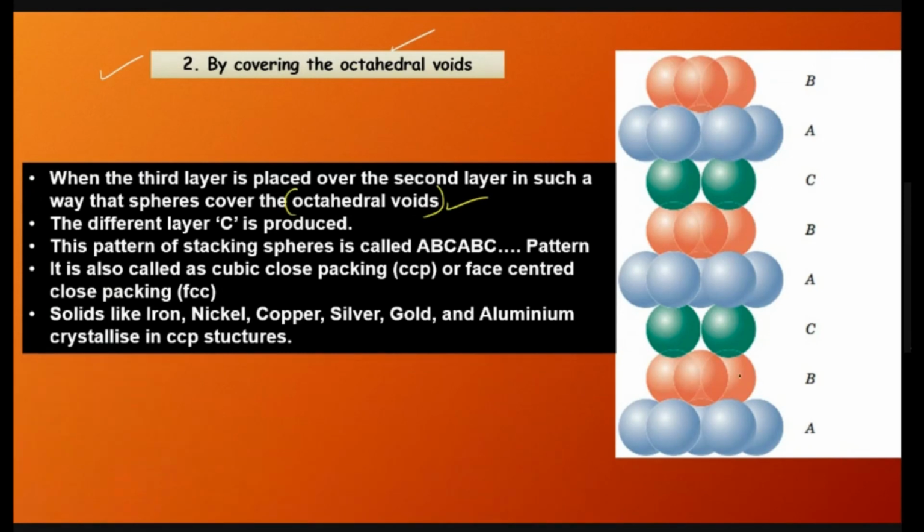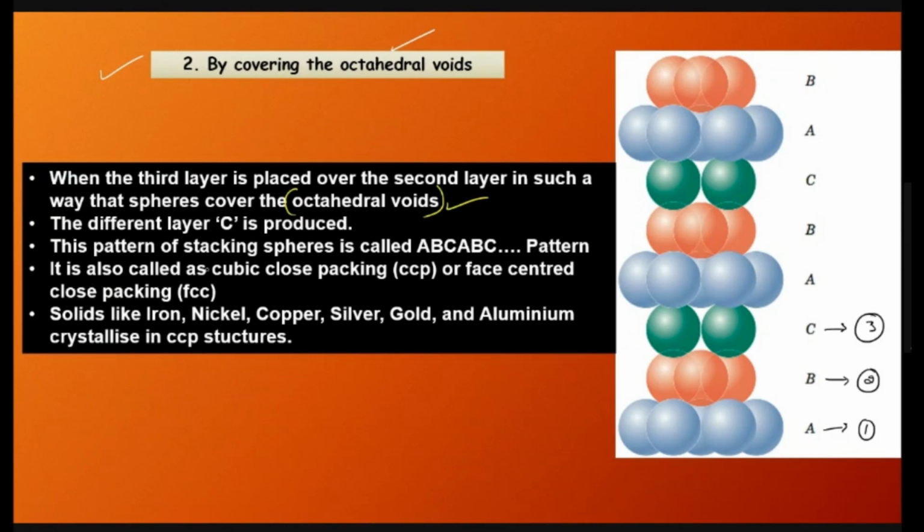You can see the first layer is A, the second layer is B, and the third layer is C. So this pattern of stacking the spheres is called the ABC type of pattern. How did I get this ABC pattern? By placing the third layer in such a way that it covers the octahedral voids.